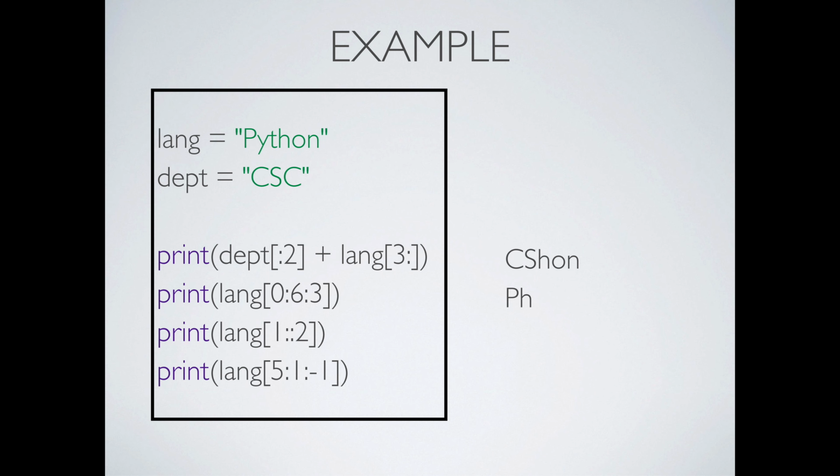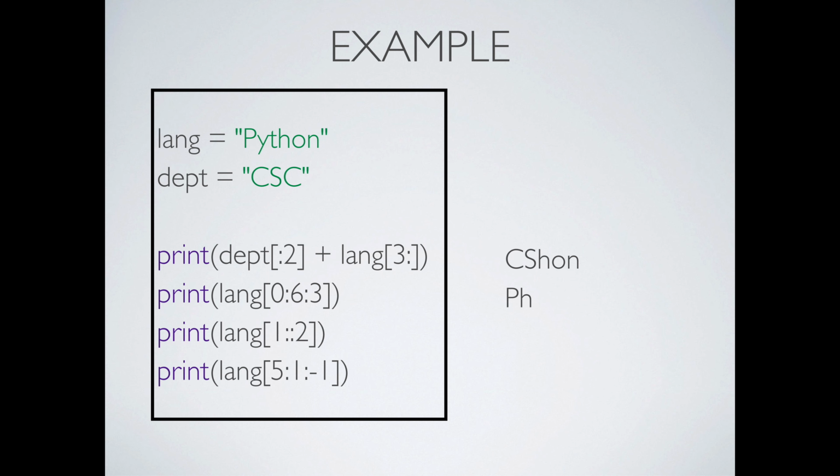Alright, let's talk about this third one. This third one's a little bit trickier, because there are 2 colons next to each other, which is kind of weird. So you have to think about, if there are 2 colons next to each other, what number is missing? The number that's missing in this third example is that middle number, which is the stopping point, right? Because it's start, stop but not include, and skip.